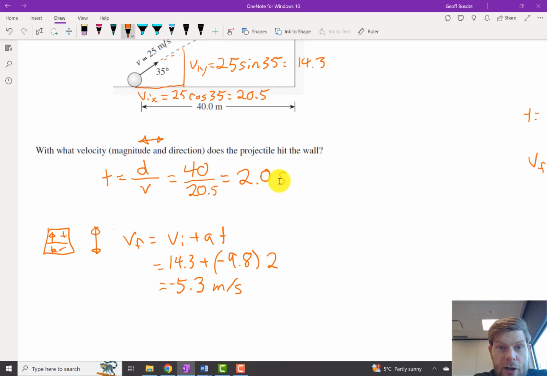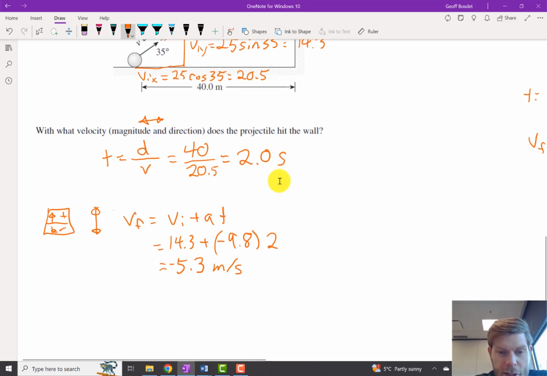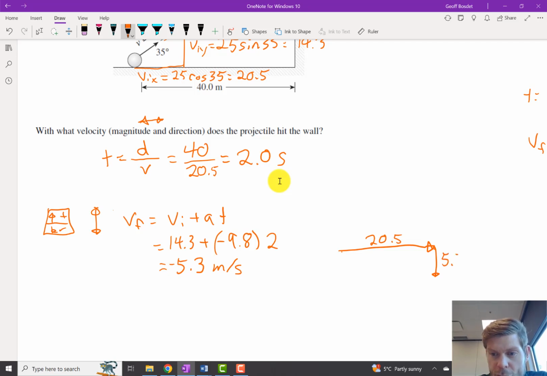So then we've got our total final velocity, which is the same as our initial velocity horizontally, and we've got our final velocity vertically. Now we can just make a lovely little triangle. So I'm going to draw my horizontal first, which is 20.5, and then draw my vertical tip to tail, which is 5.3.